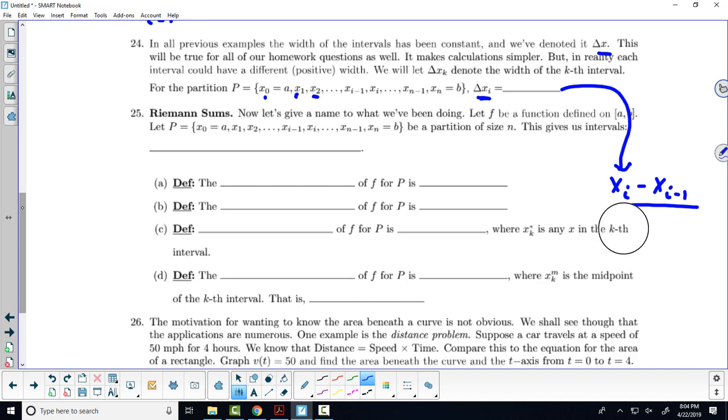That's its width. That's the width of the ith interval. Does that make sense? So what is the width of this interval? Well, you just take where you end up at and subtract where you started from. That's how wide it is. There's no divided by n here because we're not trying to ensure that these are evenly dispersed, that these have the same width.